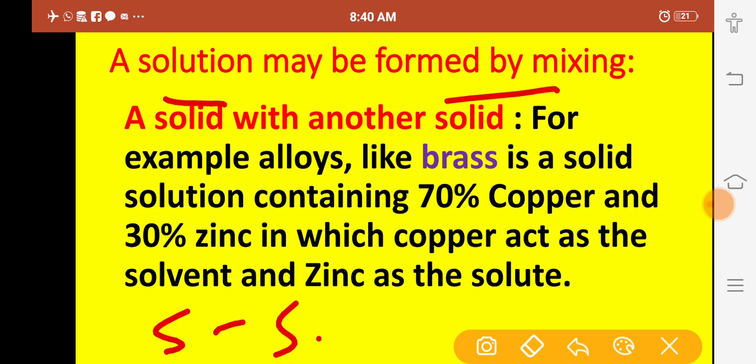Brass is a solid solution containing 70% copper and 30% zinc. Dear students, you may see here that zinc is in the lesser amount, so it is said to be the solute, and copper, at 70%, is the solvent.